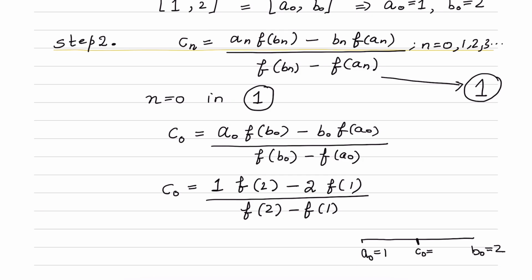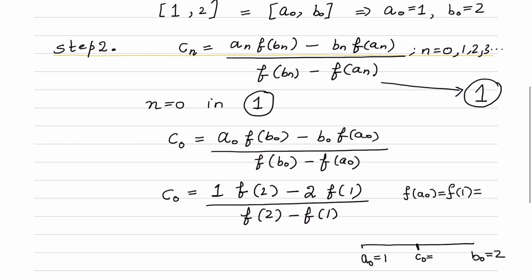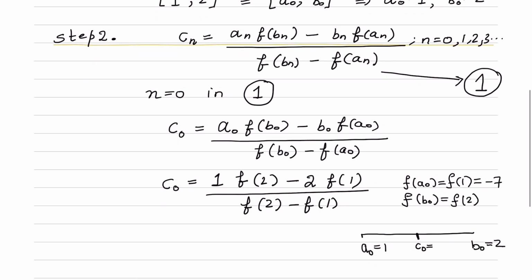We know that A0 B0 is an appropriate interval because f(A0), since A0 is 1, has the value f(1) as minus 7, and f(B0), where B0 is 2, has the value f(2) as 16.